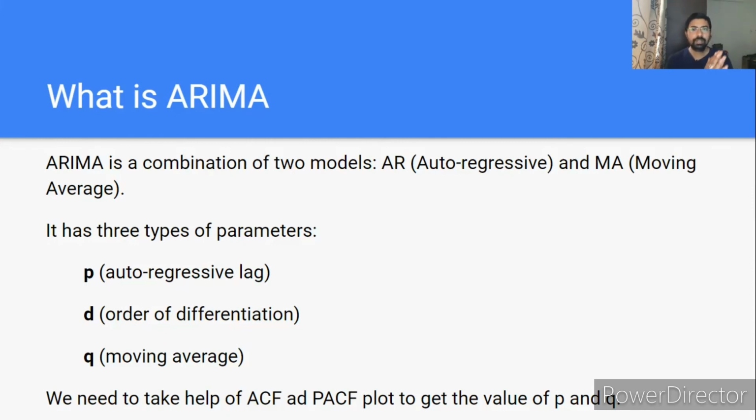So there could be an auto-regressive part, and there could be an error lag part. There will be three orders to determine the ARIMA model prediction. One is the p-value. The p-value is the auto-regressive lags, how much lag is required to predict today's data.